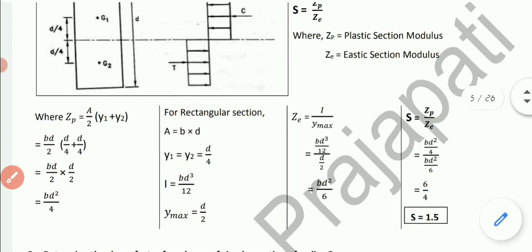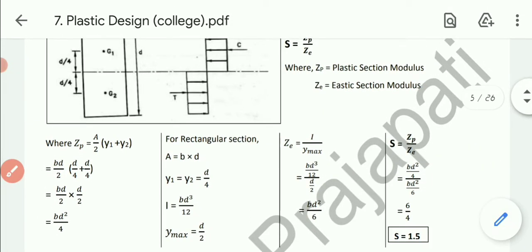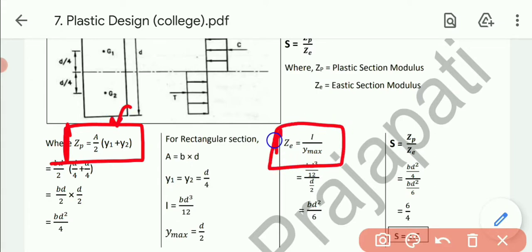So first of all, if we want to calculate the shape factor, we need to calculate Zp as well as Ze. Talking about Zp, we have seen the formula in the theory: Zp equals A by 2 in the bracket y1 plus y2, while Ze equals I divided by y max, that is moment of inertia divided by the distance to the extreme fiber. So we need 4 unknowns: y1, y2, area, and moment of inertia and CG.